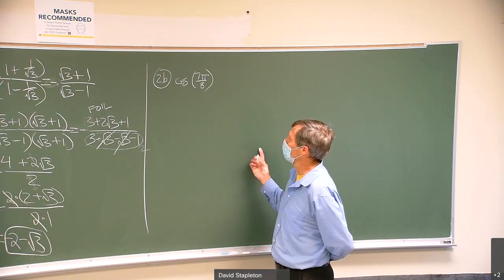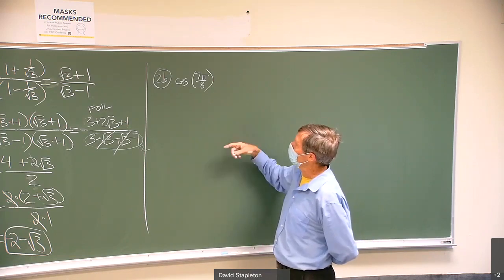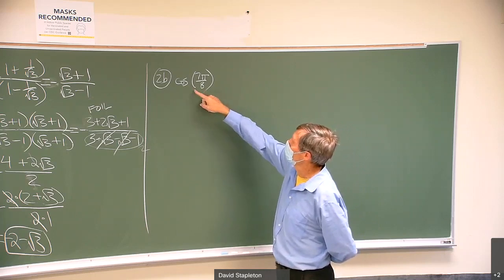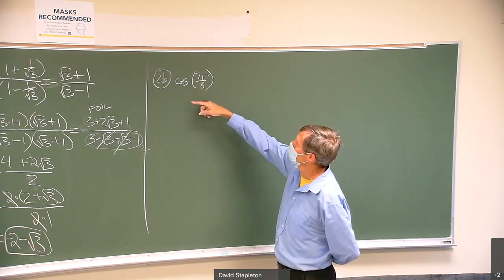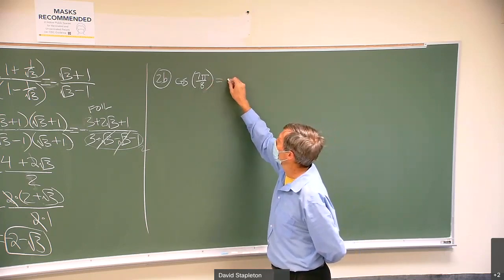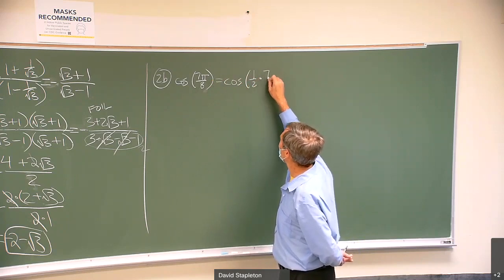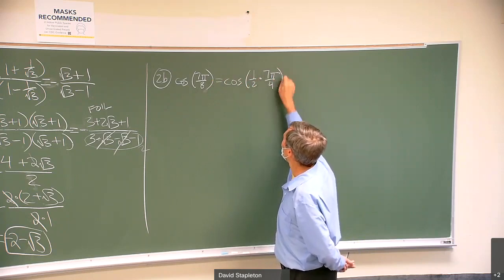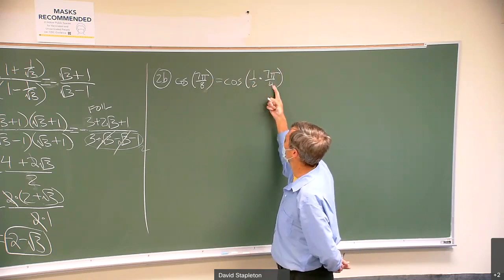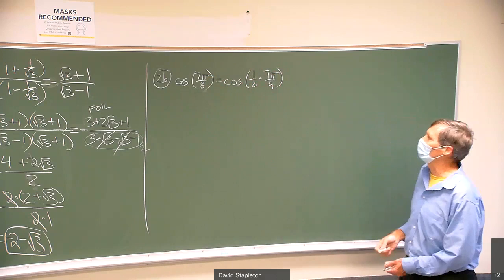Not a special angle, we can try the sum or difference identities, to get the trig function of any multiple of 15 degrees, or we can do the half angle identity, to get the trig function of half of any angle we already knew. 7 pi over 8 is 1/2 of the special angle 7 pi over 4, right? You multiply these, top times top over bottom times bottom, you get 7 pi over 8. If it's half of the special angle, I can do it with the half angle formula.